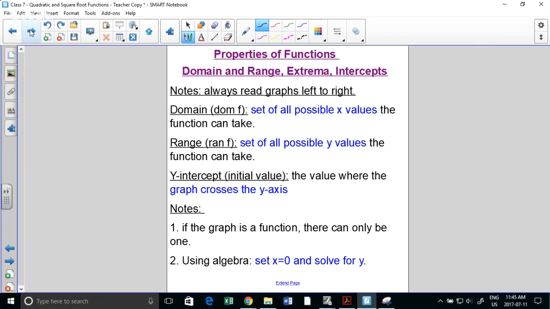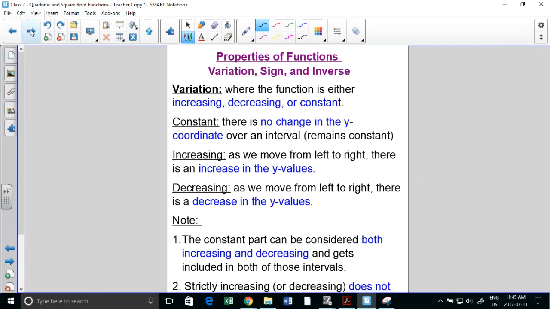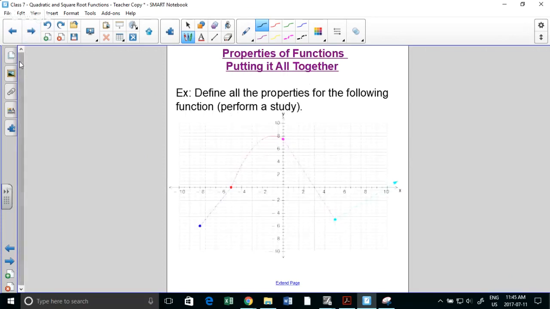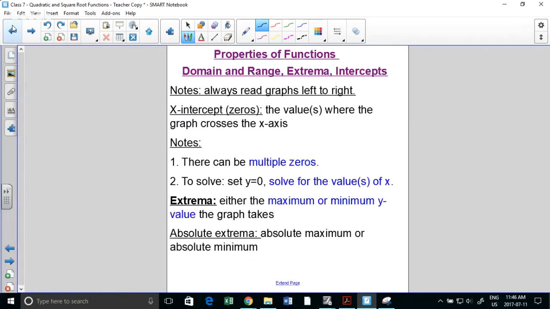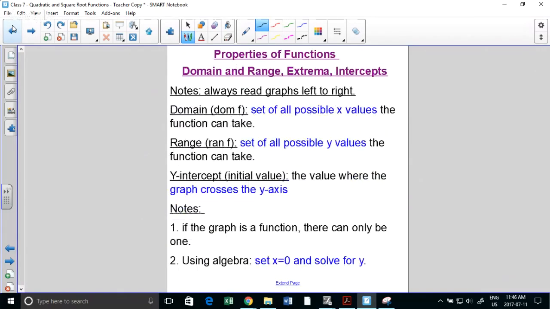All right, domain. Domain is a set of all possible x values the function can take. So we're dealing with graphs. We have different graphs like this that we're studying, and we want to know different properties about these graphs. First and foremost, the domain is the set of all possible x values the function can take.